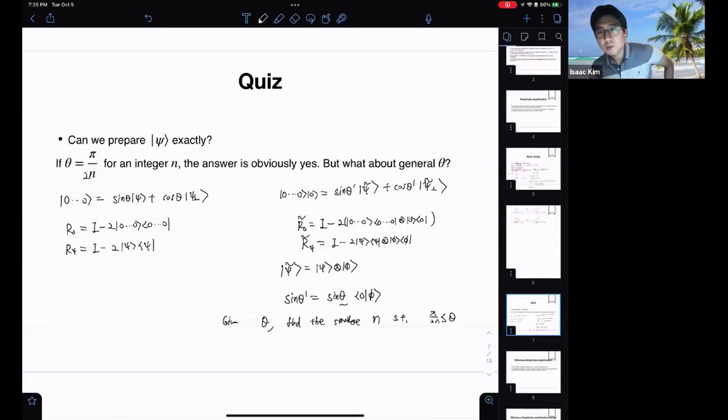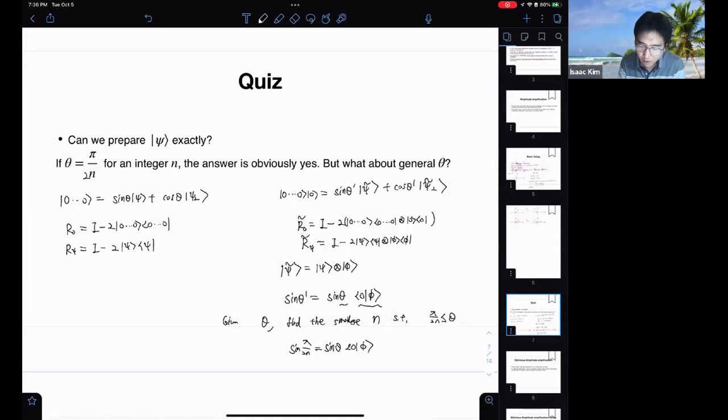Yeah, so this is what you do. And then you can simply choose this arbitrary state phi, such that sine of pi divided by 2n is equal to sine theta times the overlap. Okay, so the trick is very simple.